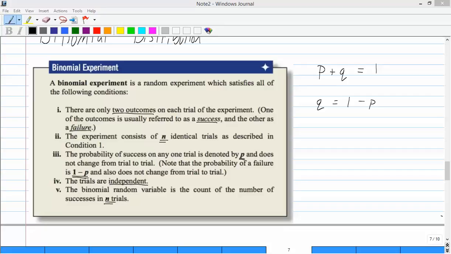I'm really interested to see on your formula sheet, if I can pull that up, what is given.